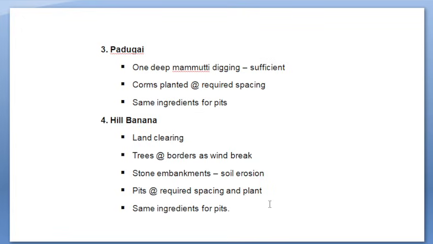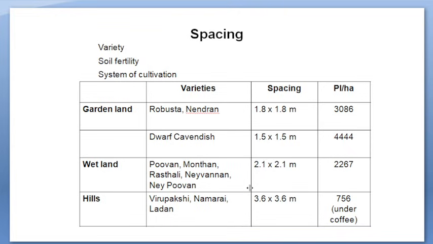Hill banana, here first we have to plant the windbreak. Suppose there are no windbreaks, we have to create some fences using stones, and we can plant after opening the pit.